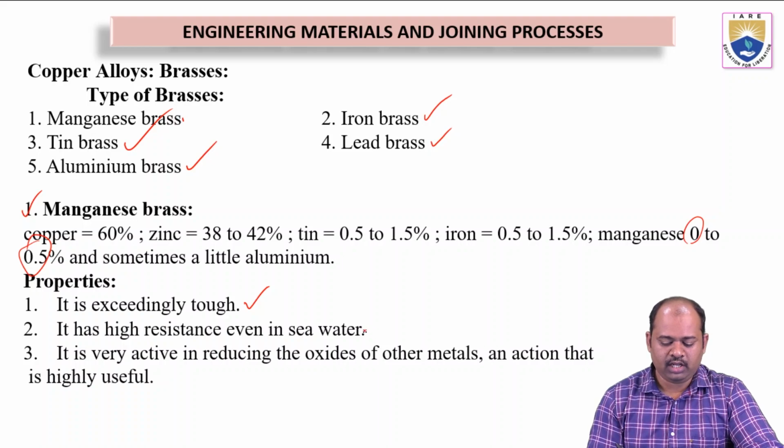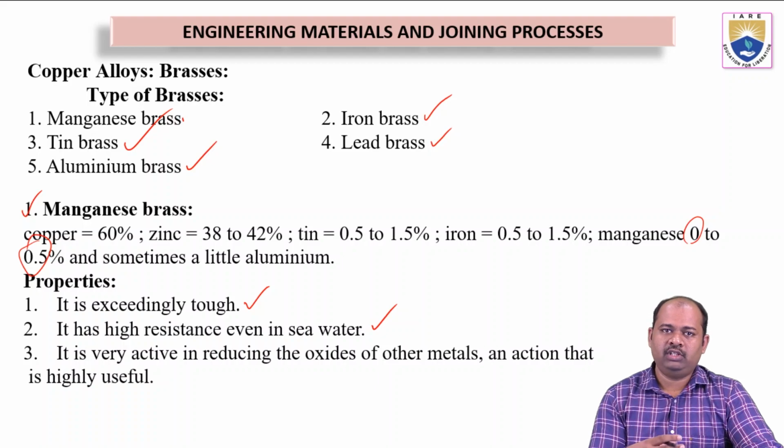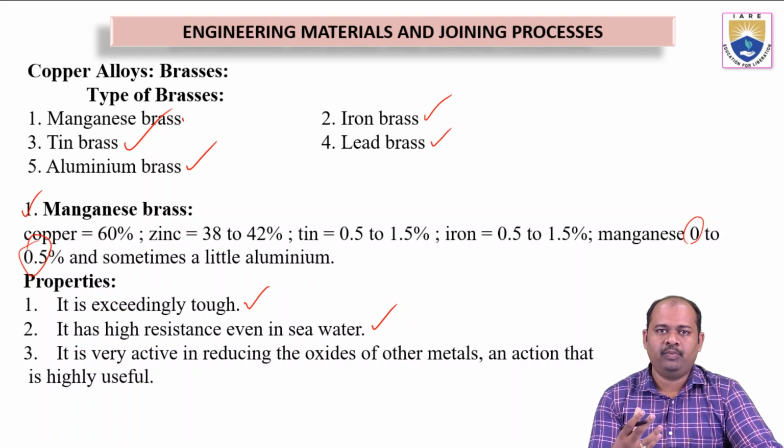And then it has high resistance even in seawater. This is one important property which makes this manganese brass very suitable for applications, even marine applications. When seawater comes in contact with any metal like copper or iron, it will get easily corroded.